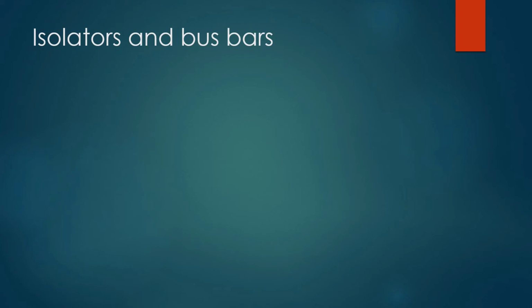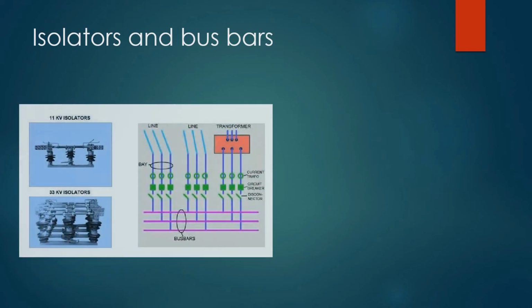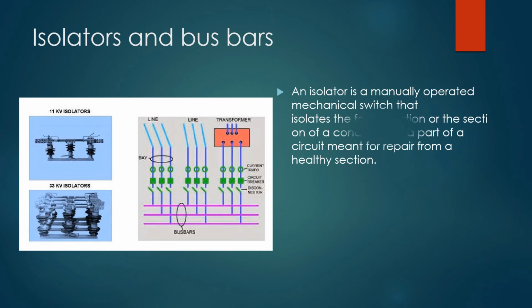Let's look at the next element, the isolators and the bus bars. An isolator is a manually operated mechanical switch that isolates the faulty section or the section of a conductor or a part of a circuit meant for repair from a healthy section.